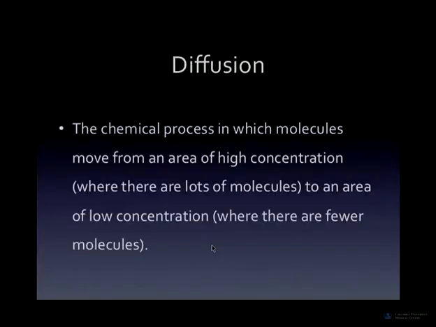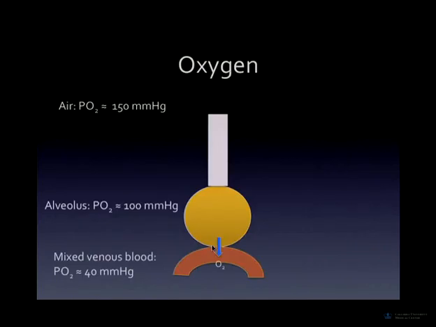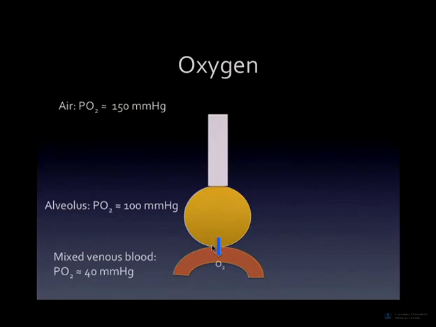And diffusion, as you remember, is just a chemical process in which molecules move from areas of high concentration with lots of molecules to areas of low concentration with fewer molecules. We talked a lot about carbon dioxide yesterday, which is intricately tied to the concept of ventilation. And today we're going to focus more on oxygen. Yesterday we established that the PO2 of inspired air at sea level is about 150 millimeters of mercury.